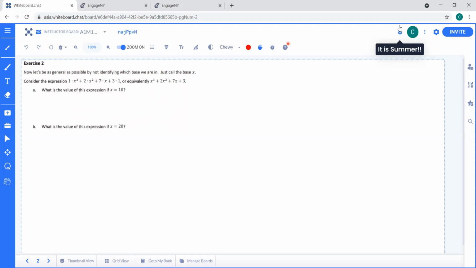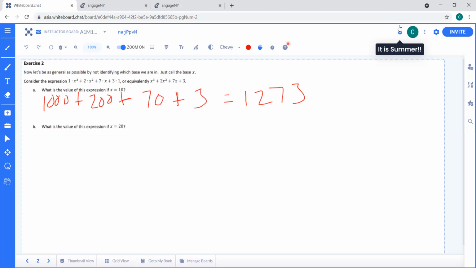Well, 10 times 10 is 100, times 10 is 1,000, plus, what's 2 times 10 squared? 10 squared first, so 100. 100 times 2 is 200, plus 70 plus 3. So that would equal 1,273.